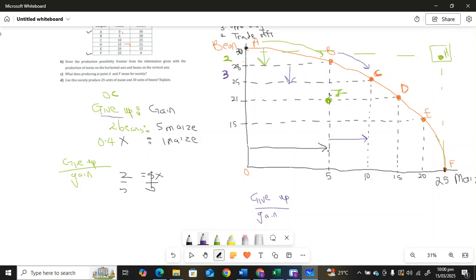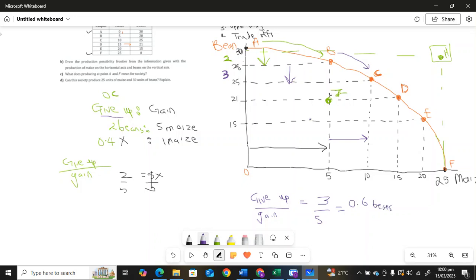Because you're counting from this point to this point. So 3 divided by 5, 0.6. 0.6 beans.